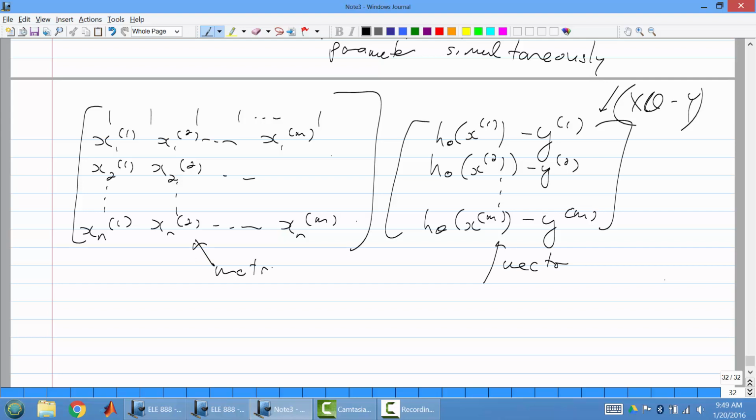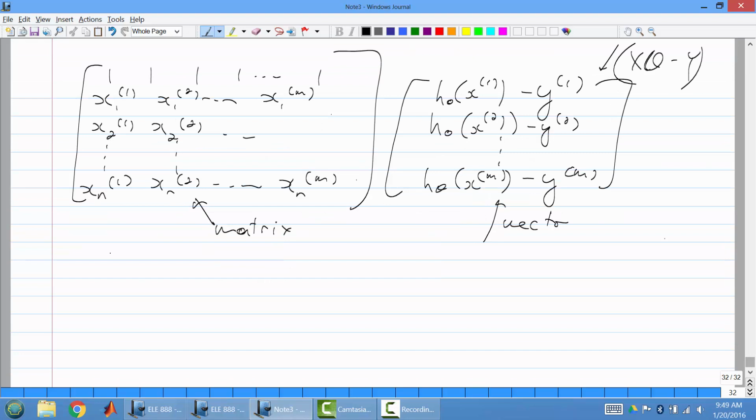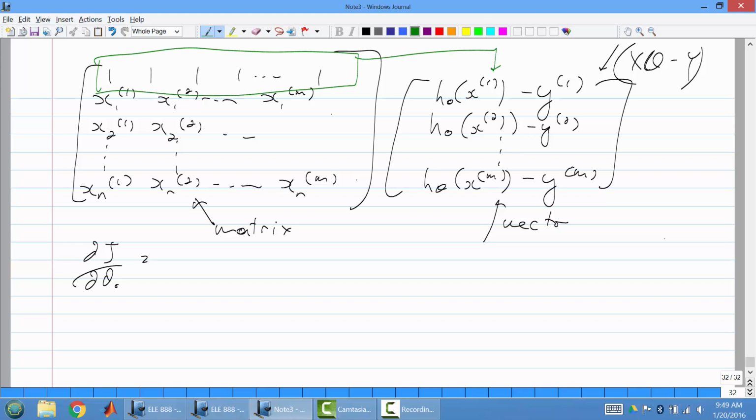In matrix vector multiplication, you're computing dot products between each row of the matrix and the vector itself. So let's do the first parameter. You're taking this row and computing the dot product with that. What this is computing is just the summation. Actually, we should scale this by m.